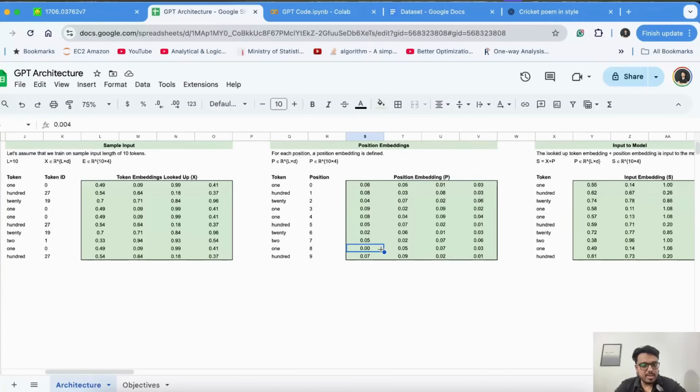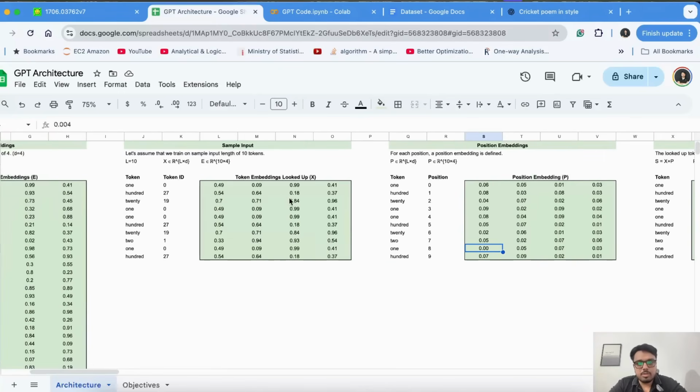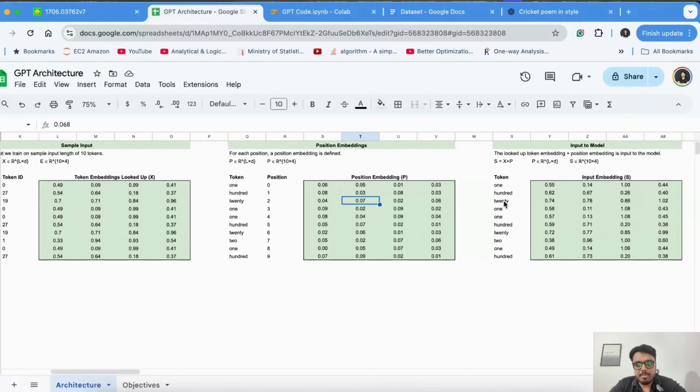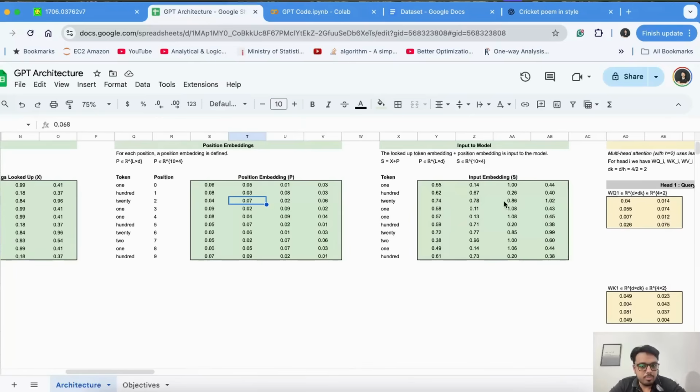Again, the idea is that we are passing the model some information around the position at which that particular token is coming in that particular input sequence. So token plus position embedding is what becomes my input to the model.